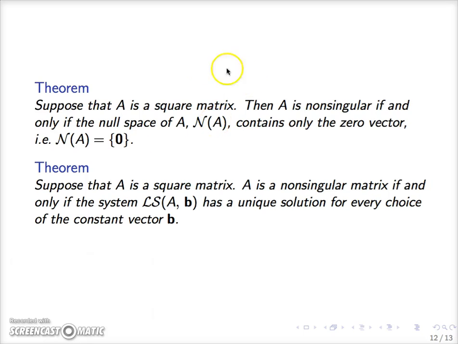Here are a couple of additional theorems. If we have a square matrix, that matrix is non-singular if and only if the null space contains only the trivial solution. It only contains a vector of zeros.